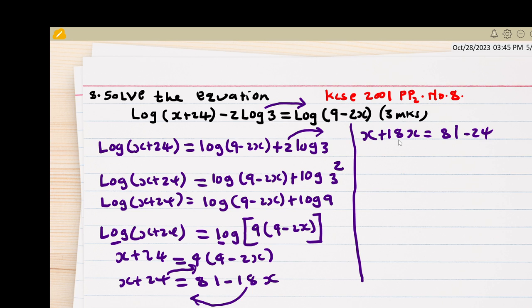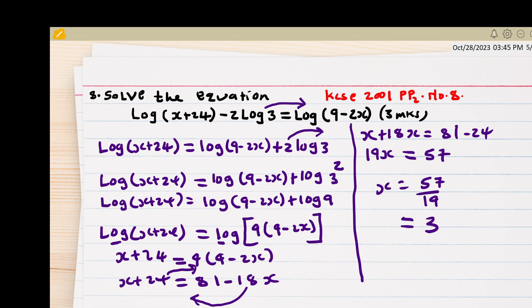So x plus 18x, I'm going to get 19x, so 19x is equal to 81 minus 24, which is 57. Therefore x will be 57 divided by 19. Therefore my value of x will be 3. So x will be equal to 3 as my solution.